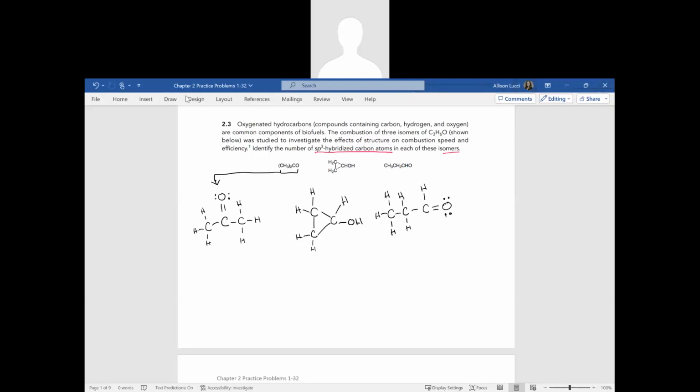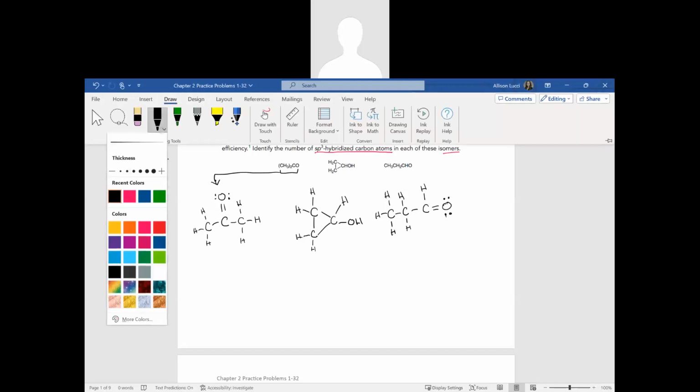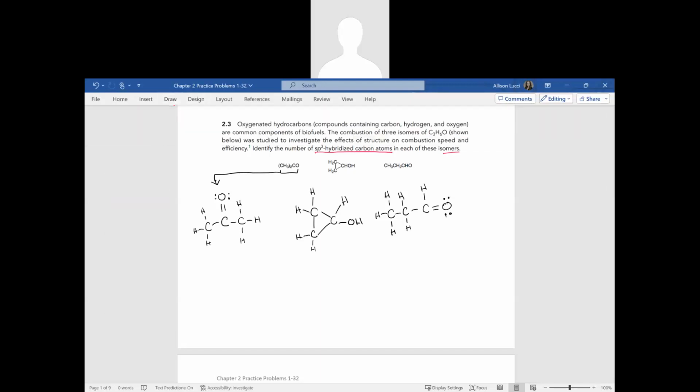So let's look at this first molecule and figure out the steric number here. That steric number is important when we're considering hybridization of our carbon atoms. So this carbon has a steric number of 4, and I know that because it has 4 bonds. So a steric number of 4 gives us sp3 hybridization. So that's what we're going to look for.